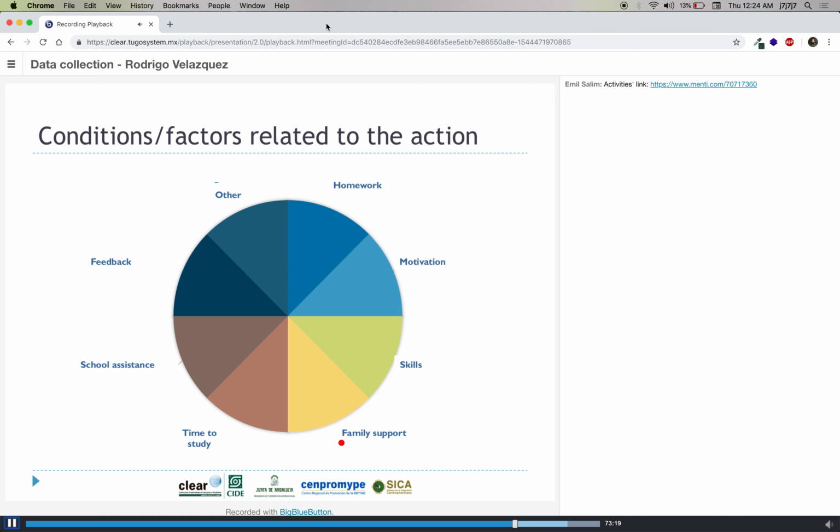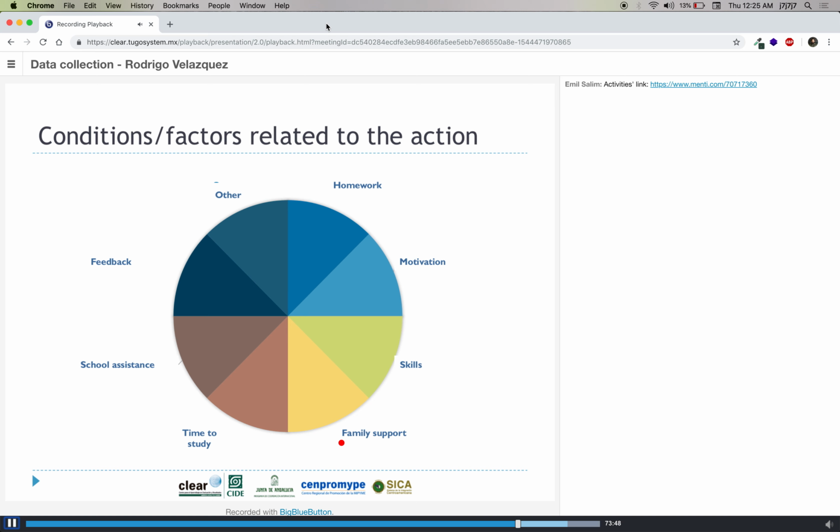Another thing has to do with school assistance and feedback. So of course it is very important that the parents and the teachers review the homework. Of course they have to give feedback, because if we only consider homework, this is not going to help. But if we analyze this with all these specific conditions in this graph, then this can be successful.